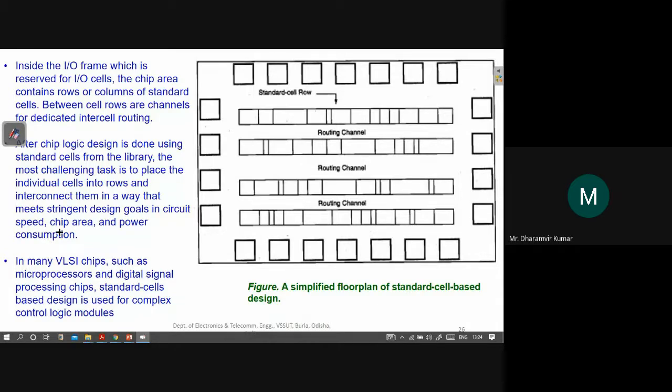We have to pick up the components from the library, that is fine, but we have to arrange them in the most systematic and efficient manner, so that it consumes the least amount of area and meets the specifications given by the client for that particular design.